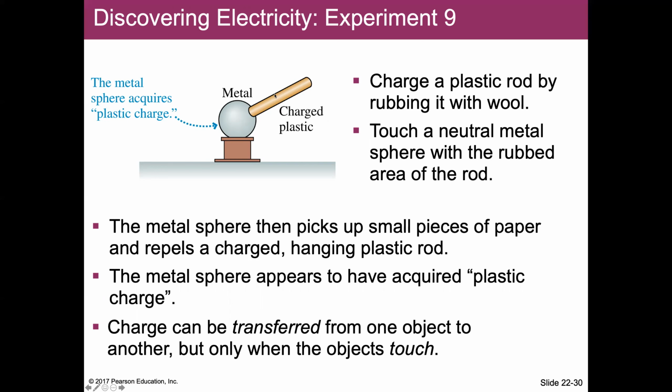It means when you put the charged plastic in contact with the metal, they share the charge. So the metal acquired some charge from the plastic rod. The metal sphere appears to have acquired a plastic charge. Charge can be transferred from one object to another, but only when objects touch.